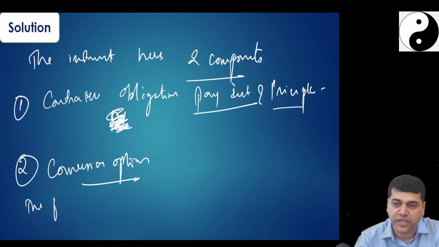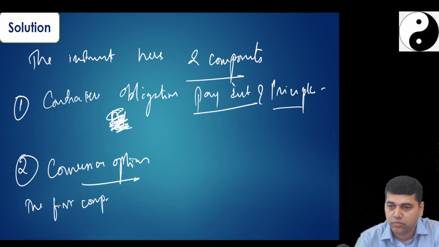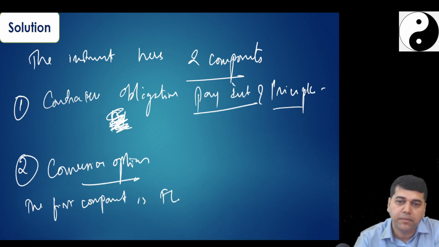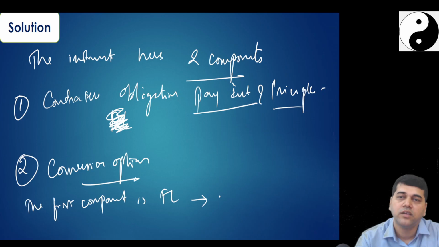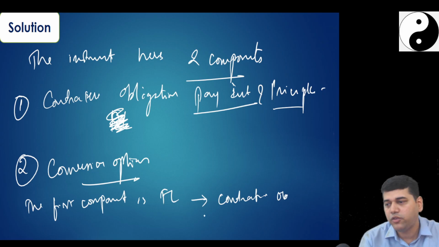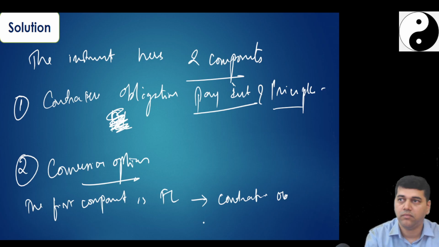The first component is a financial liability. Why? Because there is a contractual obligation, or I can say you cannot avoid it. Or you can say contractual obligation.